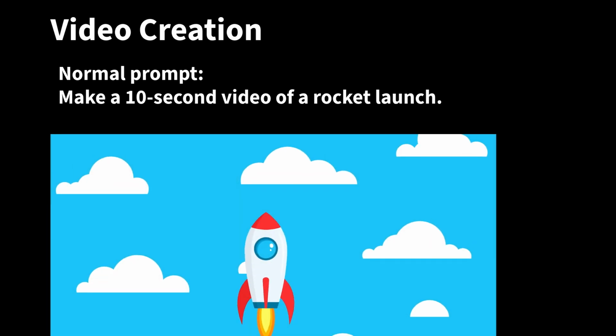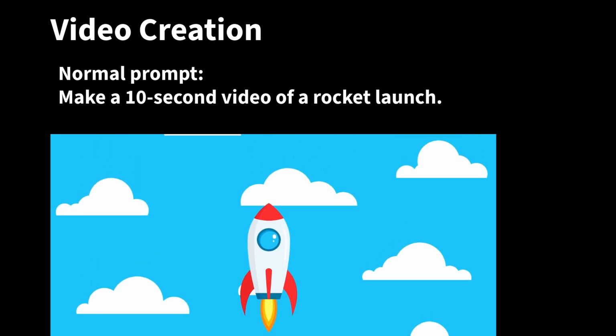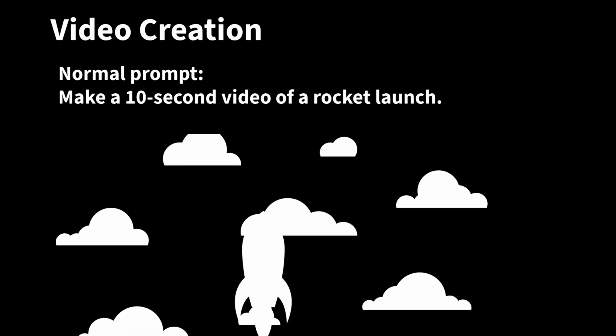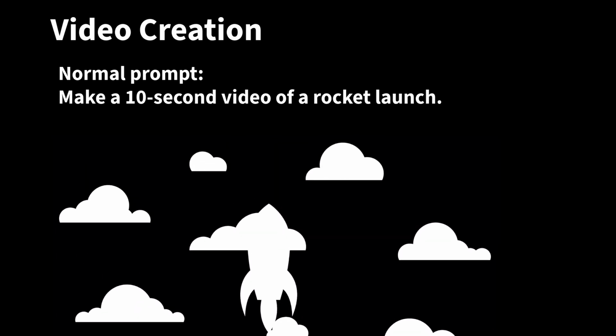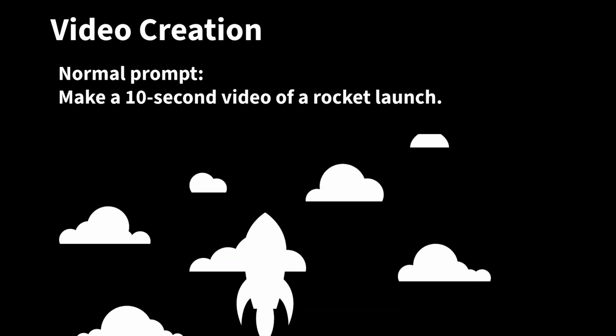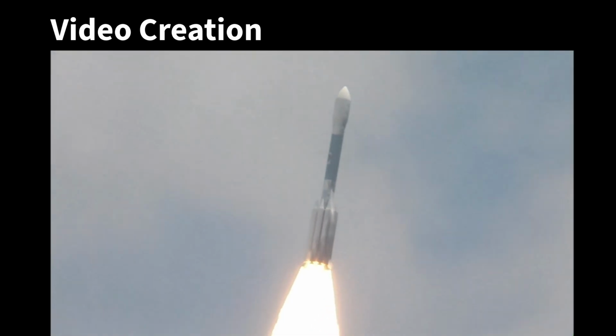Now let's use normal prompting and JSON prompting for video creation. So if I'm using normal prompting here for creating a 10-second video of a rocket launch, what would I give? Make a 10-second video of a rocket launch. As a result, AI may give you random rocket styles. What if I use the JSON prompt here for creating this video? The duration is 10 seconds and I'm clearly giving the scenes. Time 0, action, rocket on launch pad.